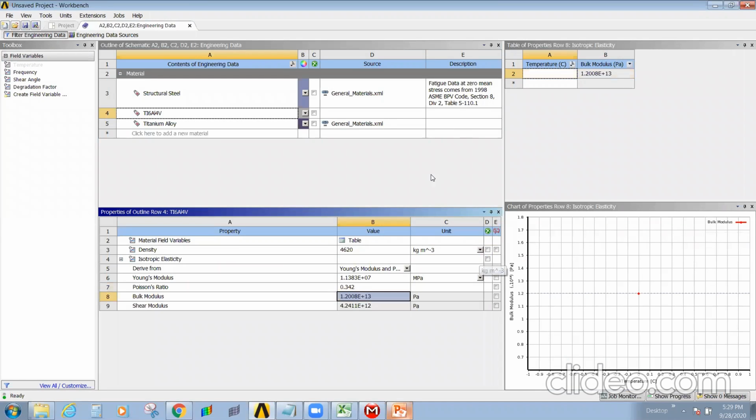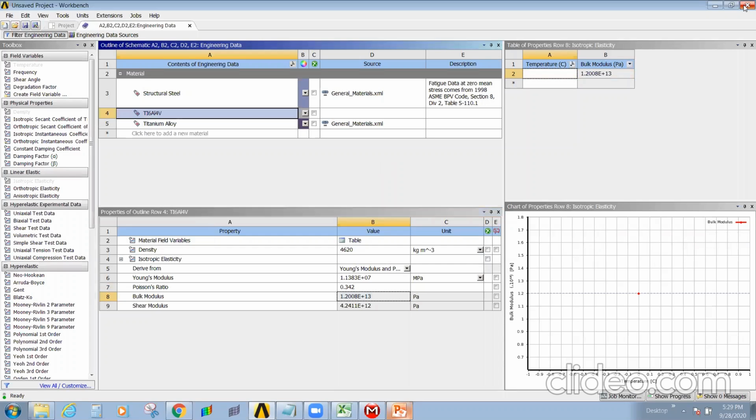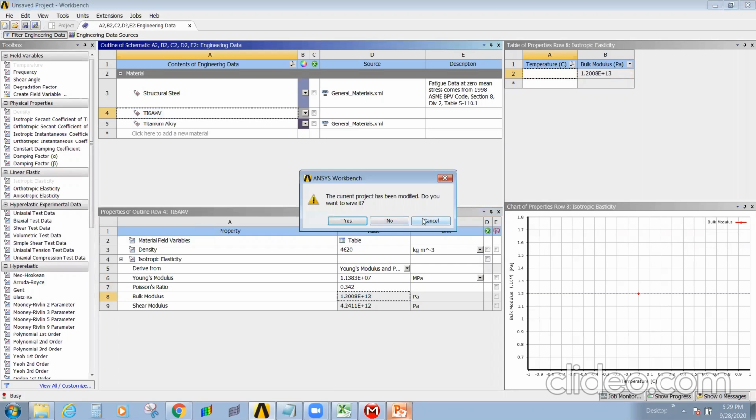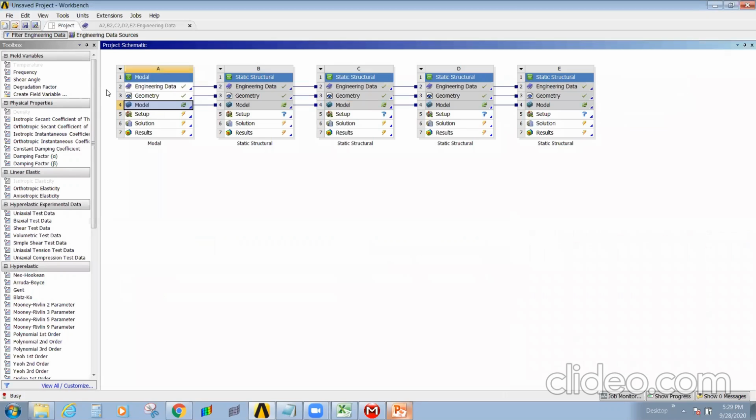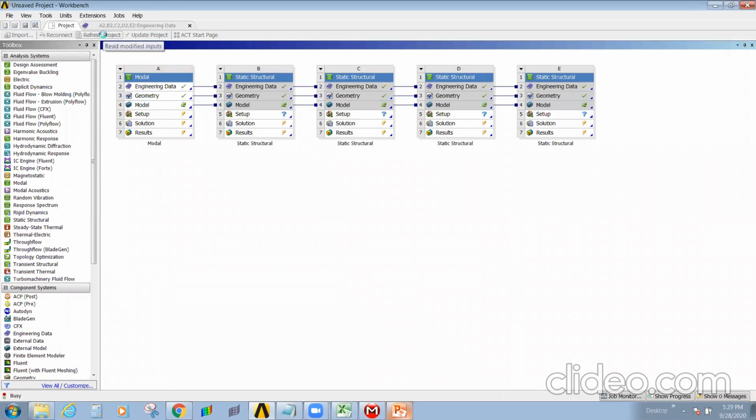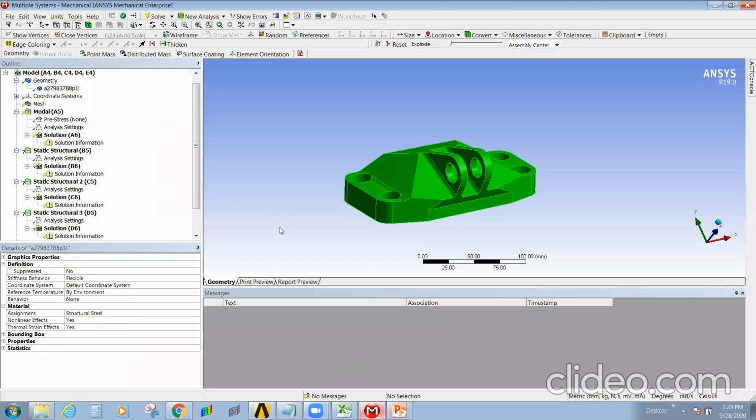Once these are updated, go back to the project, refresh the project, and then go back to your material applied. Go to material and you'll see that your material is updated.